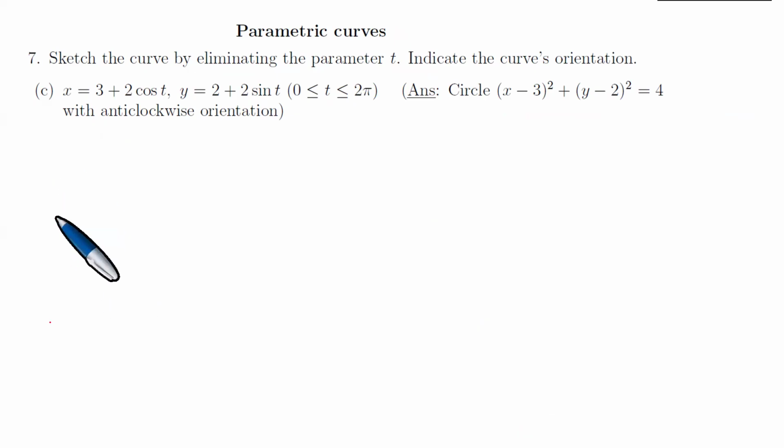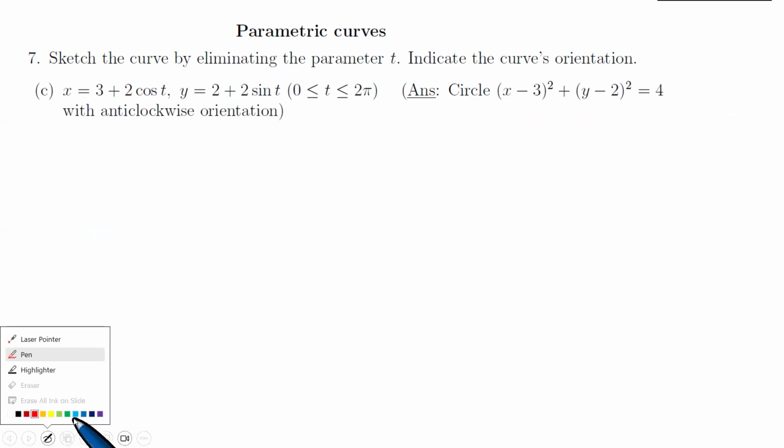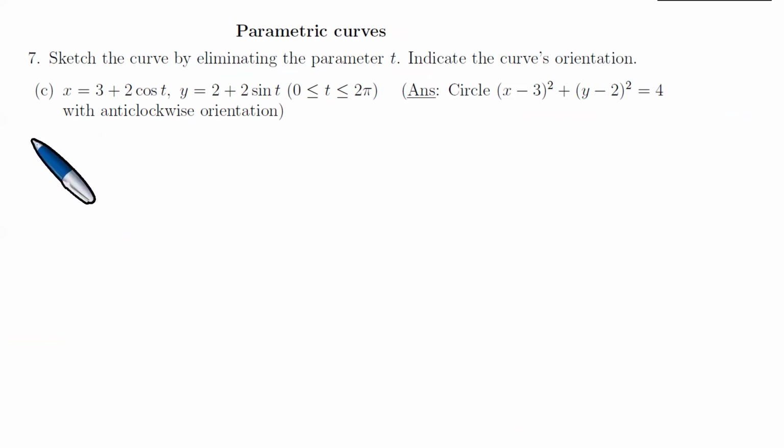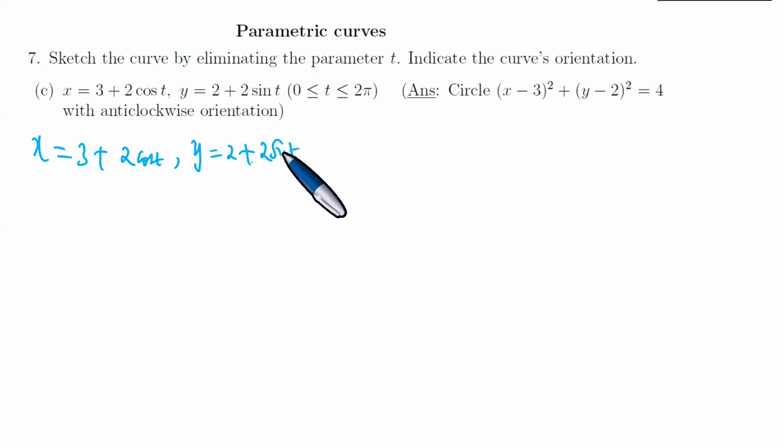You are given x is 3 plus 2 cosine t. Y is 2 plus 2 sine t.